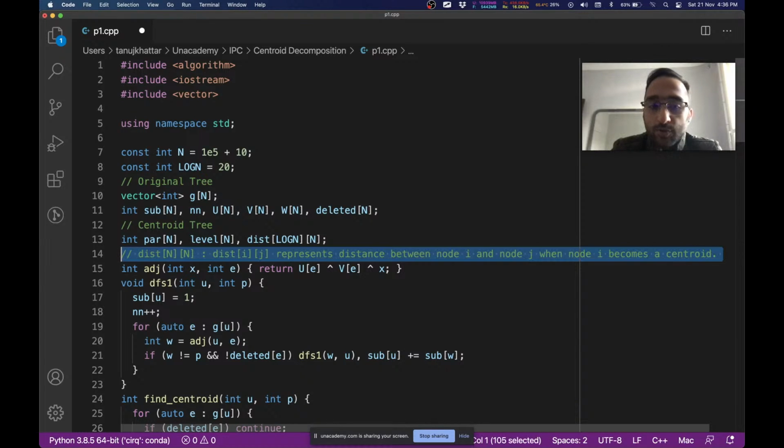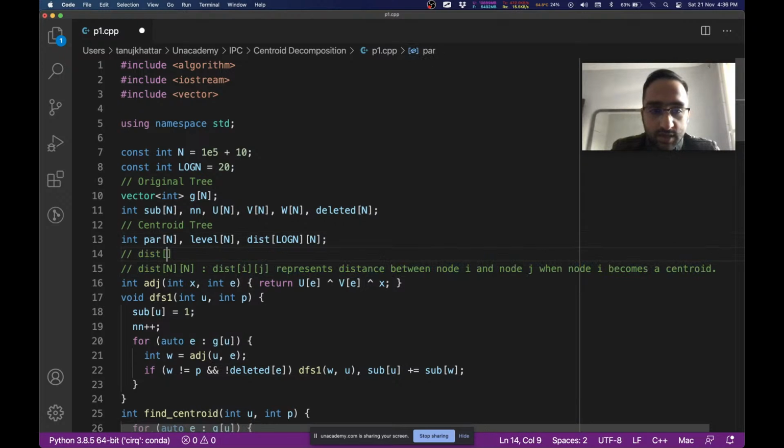Like this is the special path which you want to process. But because of this condition, when node i becomes a centroid, there are a lot of entries in this n square array which will be empty, because the number of different paths is just n log n.